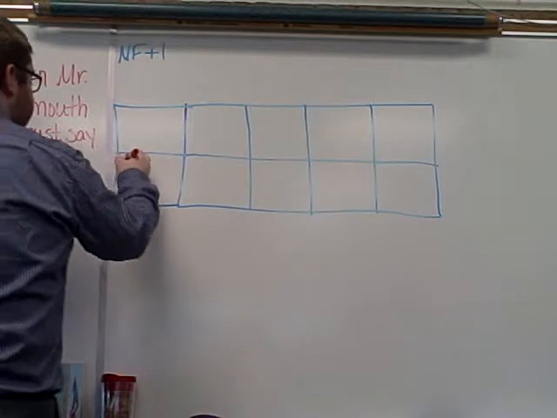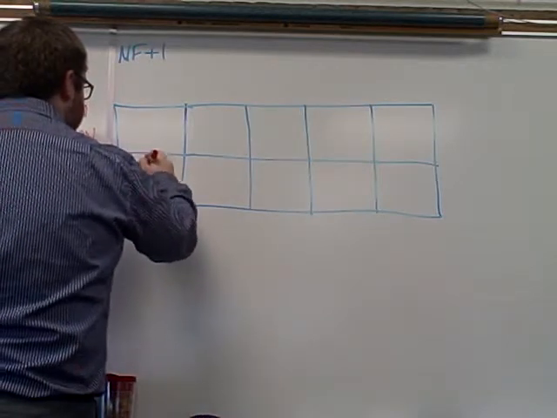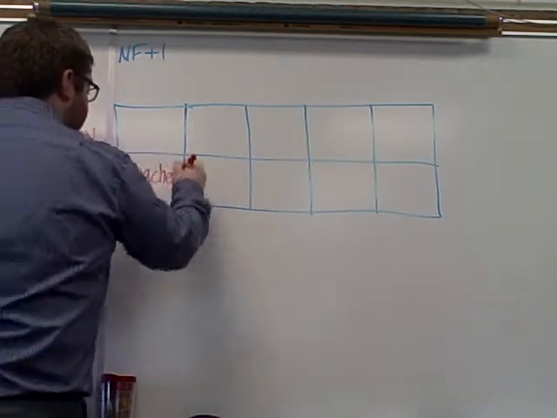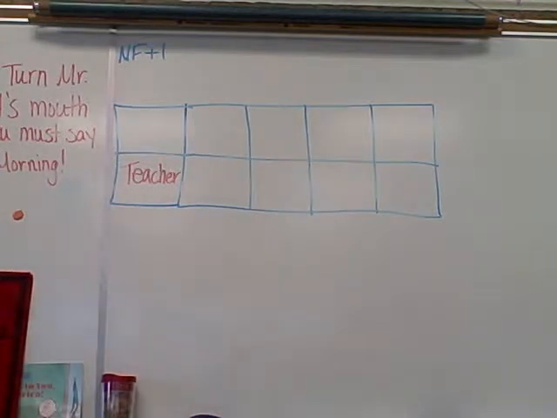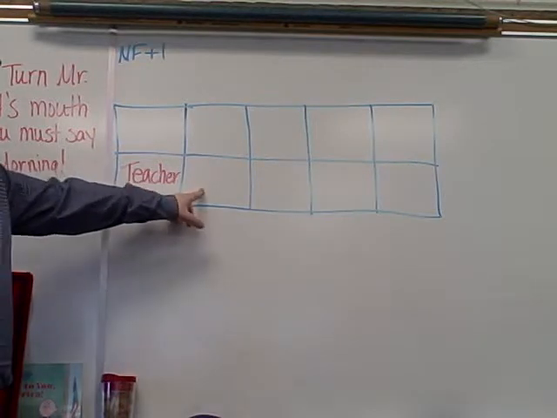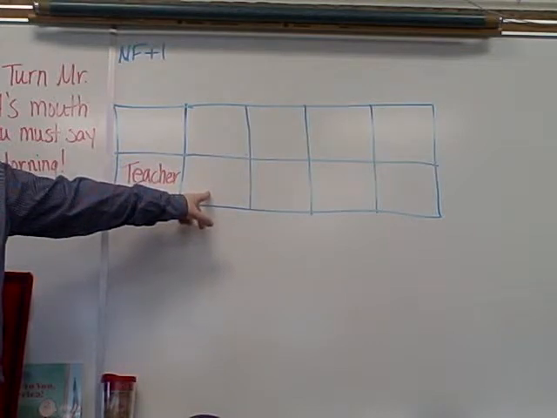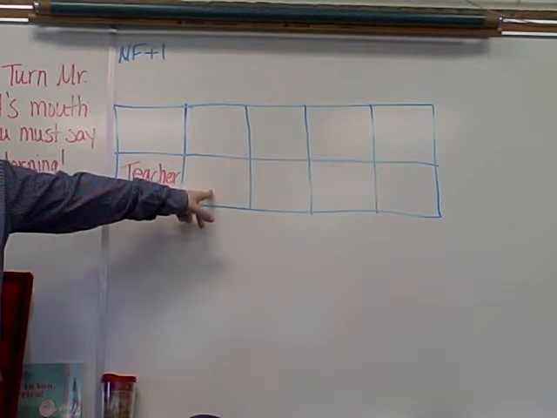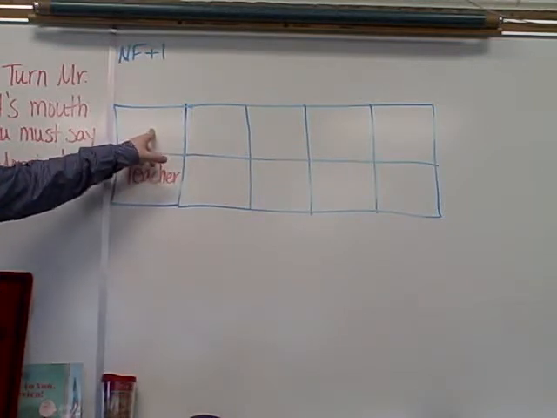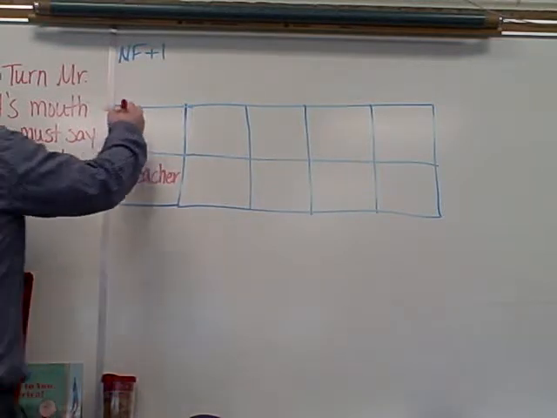Why am I putting teachers on the bottom? You want these to become ones. You're going to put them on the bottom because that is your denominator. So this is going to be your students because it's the bigger number.